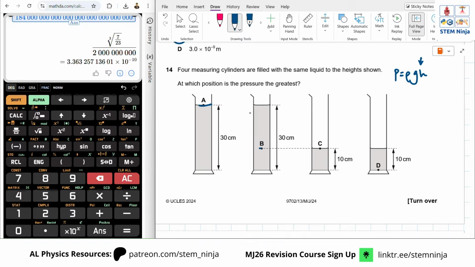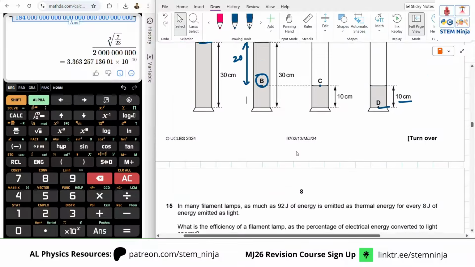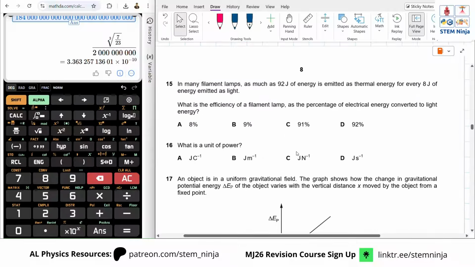Over here, the height of the column is 20 centimeter, and over here again the depth of the column is 0. Over here the depth of the column is 10. So B is the only place where the depth of the column, up till that point, is the highest, largest. B.